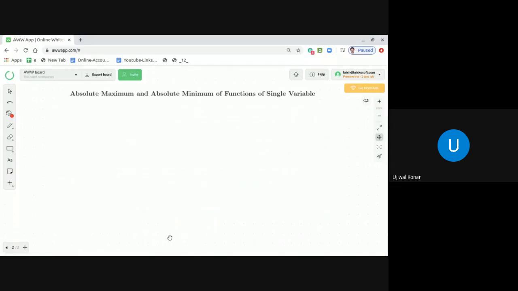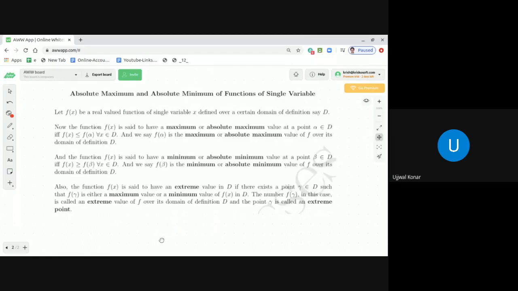Let f(x) be a real valued function of a single variable x defined over a certain domain of definition, say D. That means x, the argument of that function, will take a real number, and f(x), the value returned by the function, is also a real number. It is defined over a domain called D, the domain of definition. Now the function f(x) is said to have a maximum or absolute maximum value.